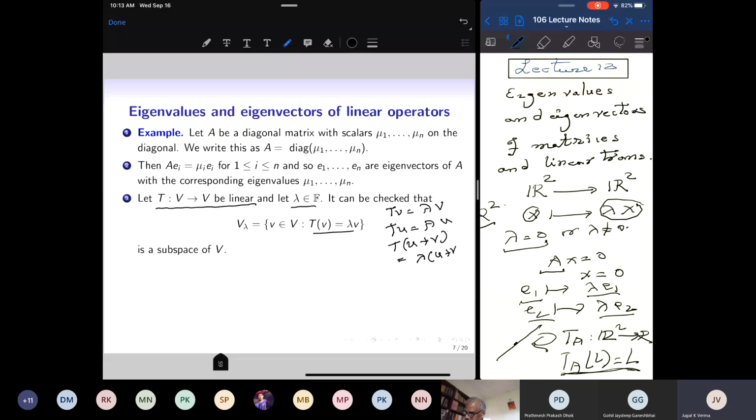So u plus v also satisfies the same equation, but u plus v could be the zero vector, if v equals minus u. But look at all the vectors which are solutions of this equation. The zero vector goes to zero, so the zero vector certainly belongs to this set. But whenever v is a non-zero vector, it is an eigenvector with eigenvalue lambda.